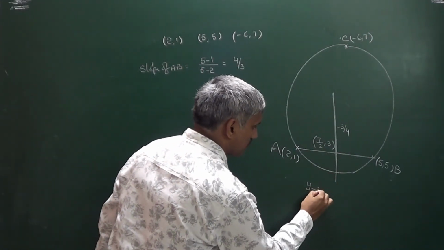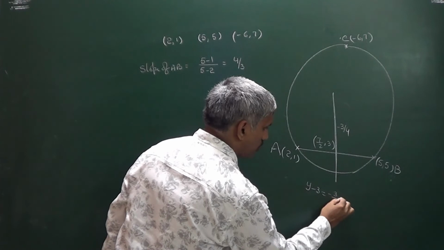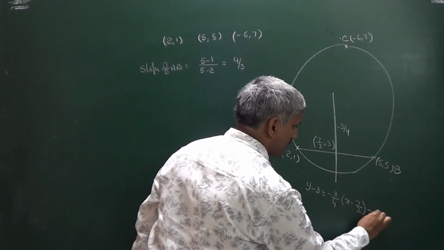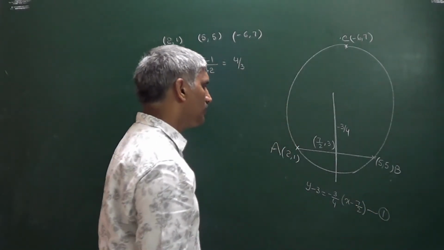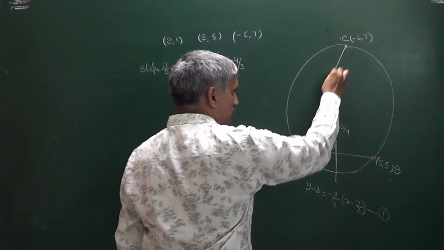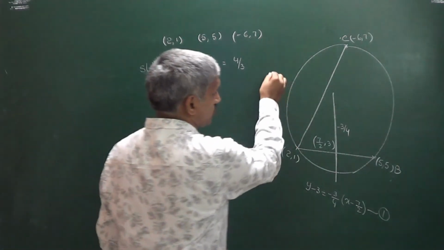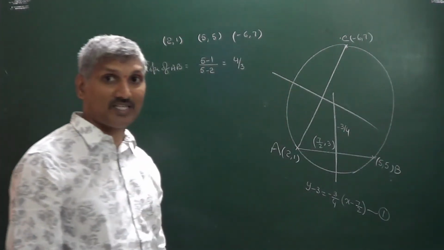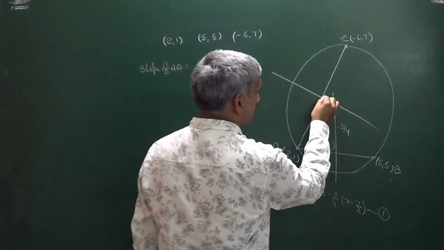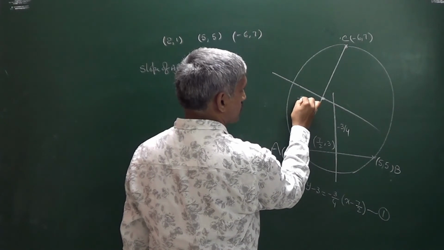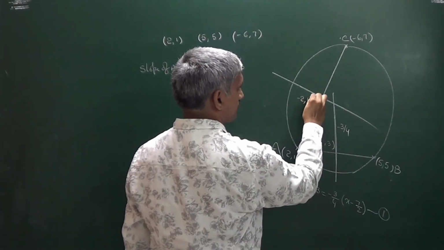y - y1 is equal to slope into (x - x1). We will get one line equation. Similarly, join these two points, you will get a chord, yes? For this also find the perpendicular bisector. The midpoint of these two points is (-2, 4).